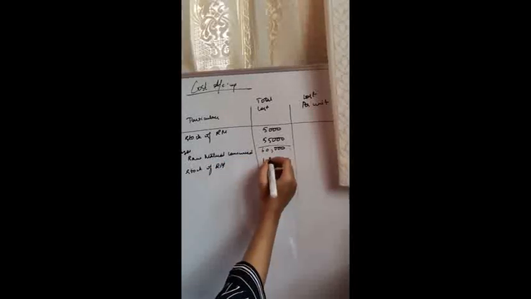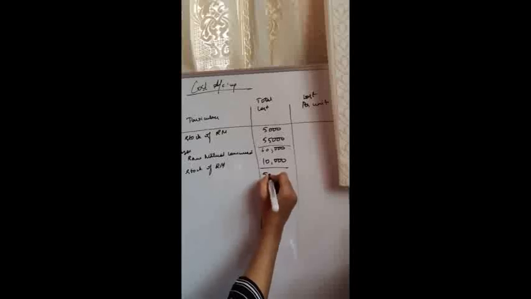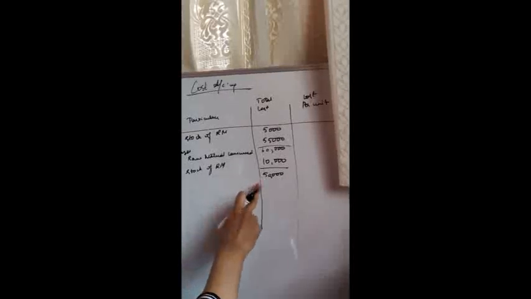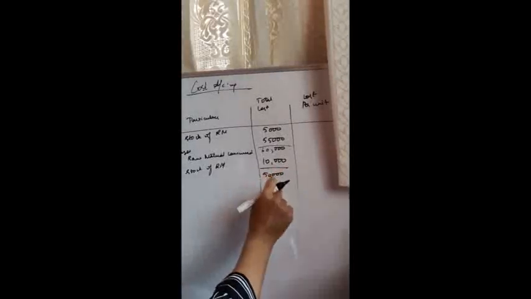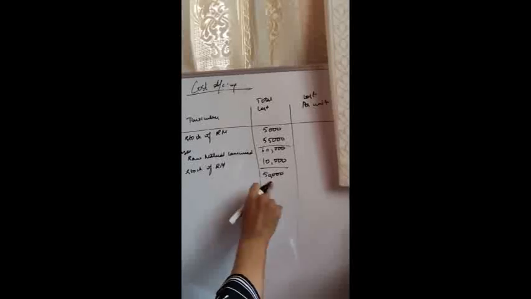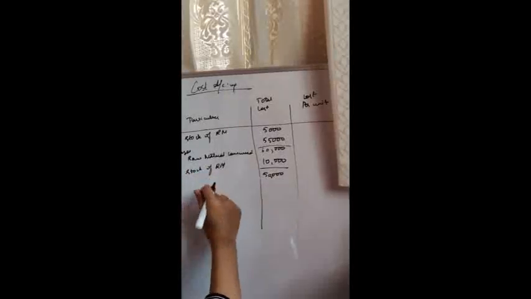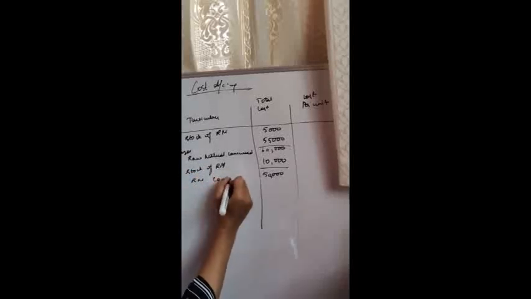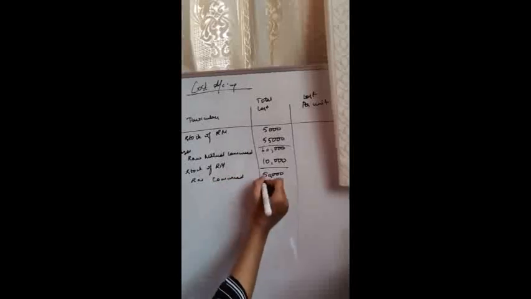So what is the total you arrive at? It is 50,000. What is this total? This is the total of raw materials which are consumed.